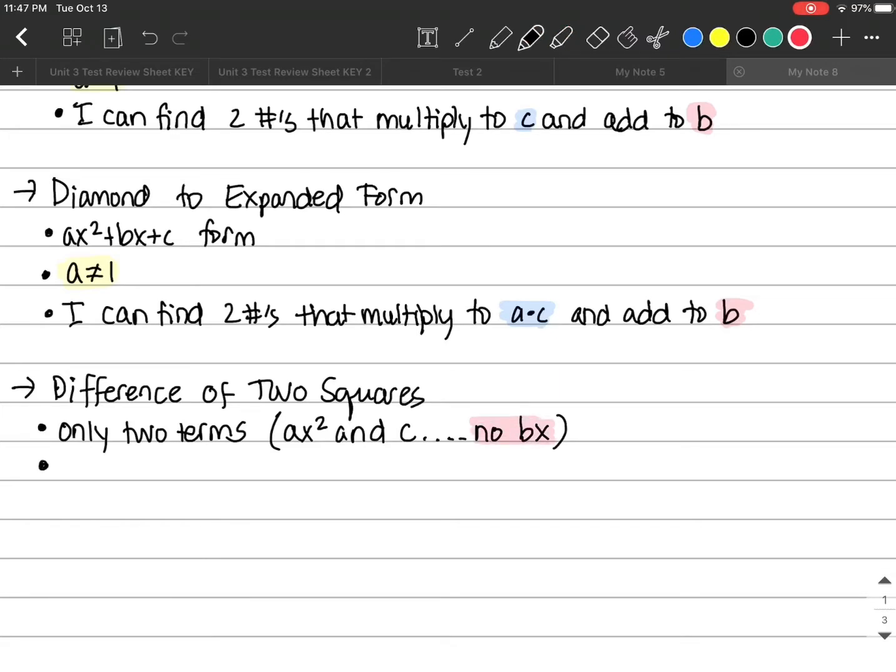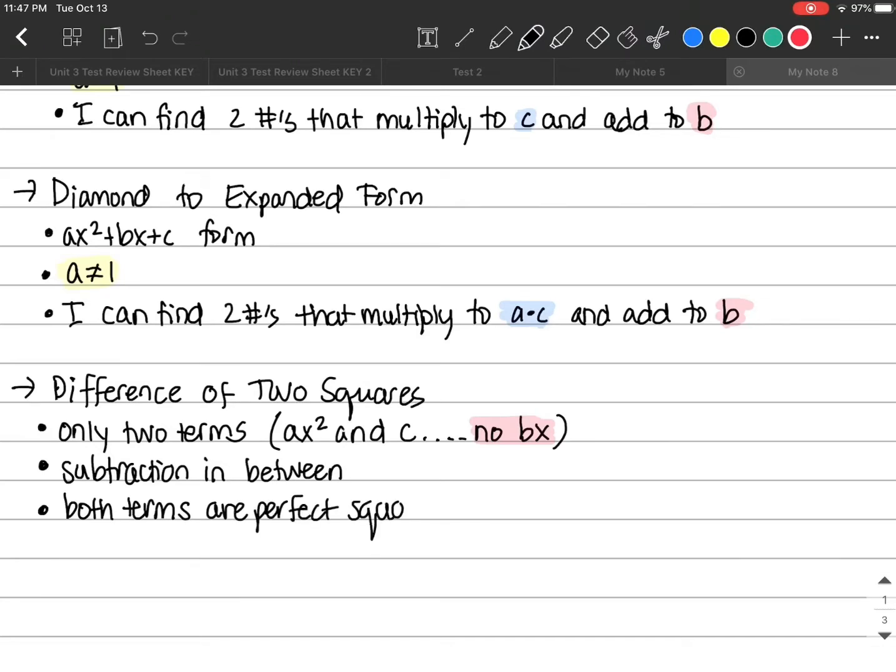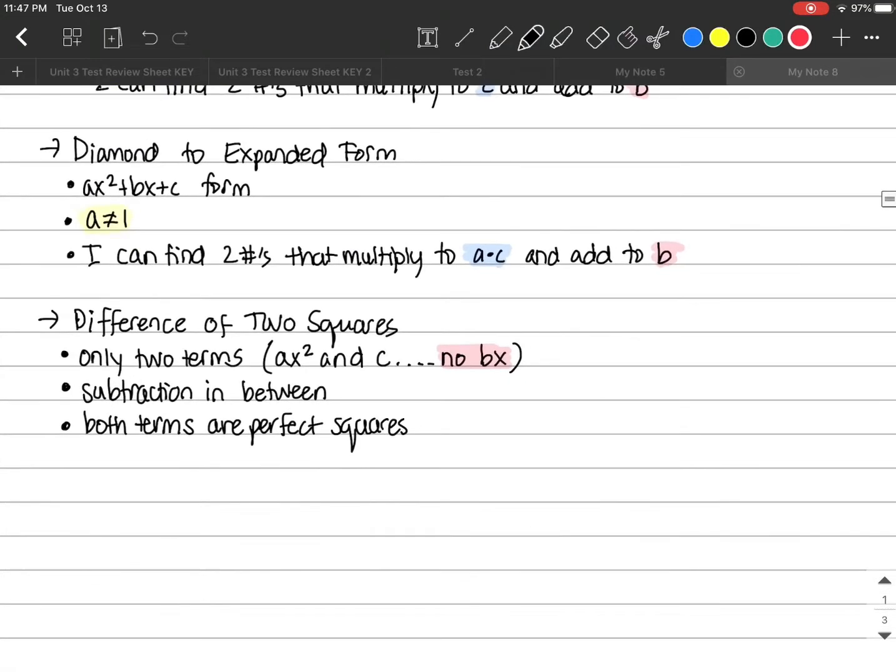And there's subtraction in between those two terms. That's important because it's the difference. So it's not when we have addition. There's subtraction in between. And both terms are perfect squares. Really important, both terms have to be perfect squares to be the difference of two perfect squares.